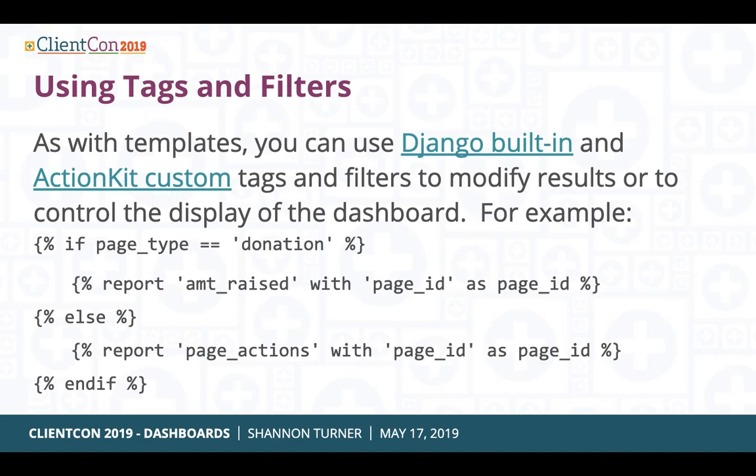For instance, we can check to see if this page type is a donation page and then display the result of the amount raised report if it is. Or if it's not a donation page, let's instead display the result of the page actions report. These aren't real reports, they're just for illustration, but I wanted to give you the idea that you can use really complex logic and code snippets here if that's something that you're comfortable with.